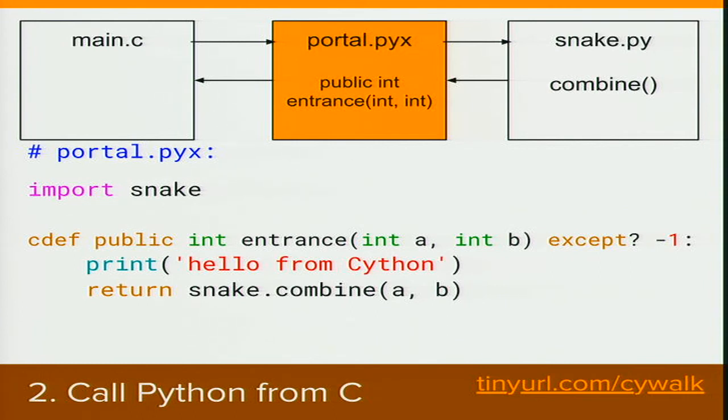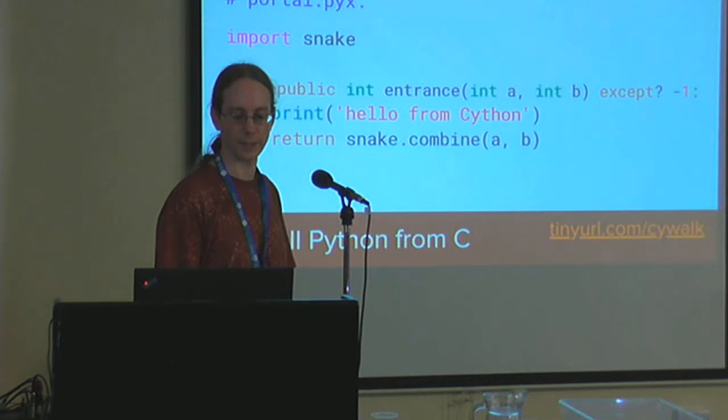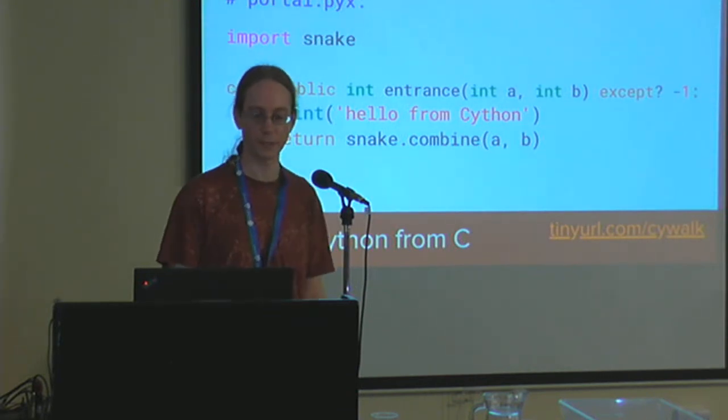And that will be our error value, as it were. Print hello from Cython, just as proof, and then return snake.combine A and B. Again, Cython will convert those C integers A and B into Python objects for the snake.py combine, and it will also convert the output of snake.combine into that int return type for us automatically.